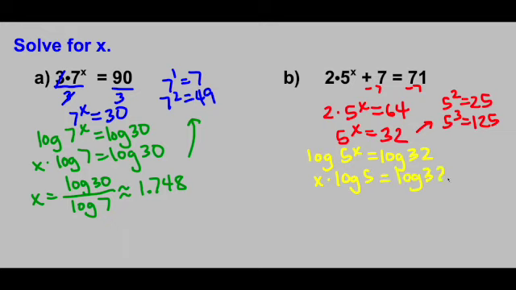Then we divide both sides by log of 5. When we do that, our exact answer is going to literally be log 32 divided by log 5. Grab your calculator and see if you get an answer between 2 and 3. When I did this, I got about 2.153 if I round off to 3 places.